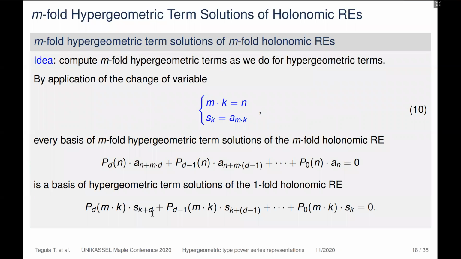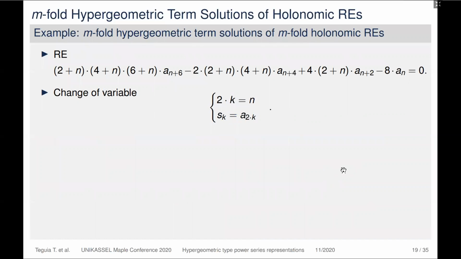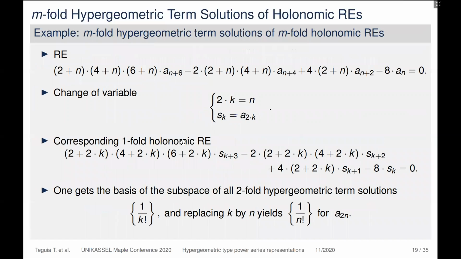To do so, here is a change of variable that we use to transform a given m-fold holonomic recurrence equation into a one-fold holonomic recurrence equation, and use an algorithm that can compute hypergeometric terms. So if we consider, for example, our two-fold holonomic recurrence equation, by changing the variable as presented here, all the n become 2k and the a_2k become s_k, then the recurrence equation becomes this recurrence equation here.